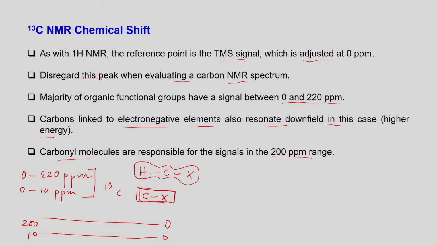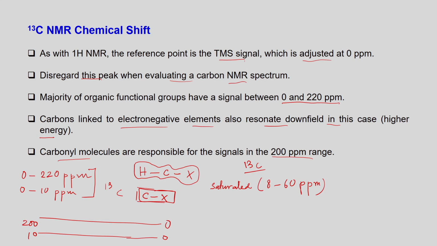Based on this shift, we can divide it into various parts. Those which are saturated in nature have the highest field, so about 0 to 60 ppm in the case of 13C. Saturated means it is shielded to a higher extent.